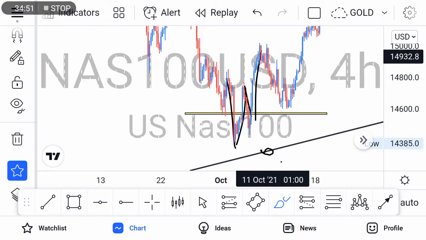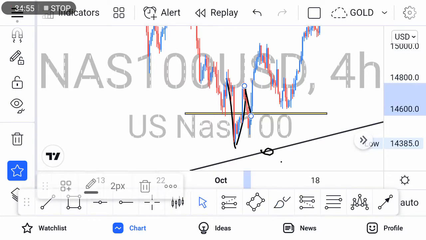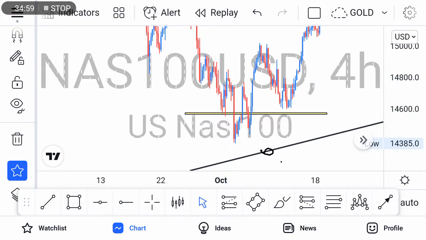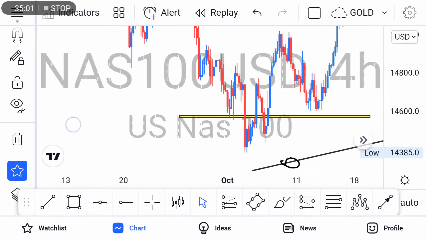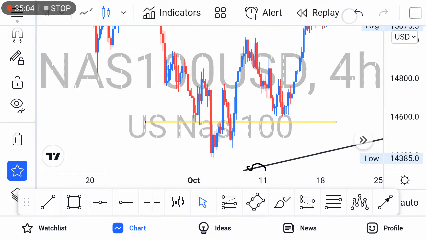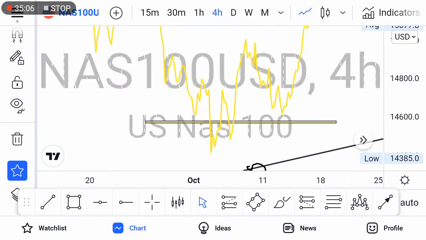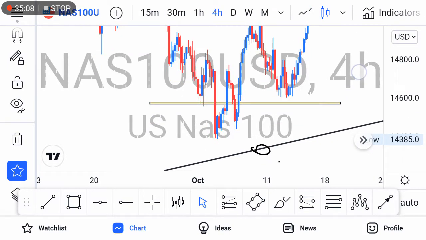But we know that on a 4-hour, Nasdaq must give us a double bottom. And as you can see, guys, we do have that double bottom here.